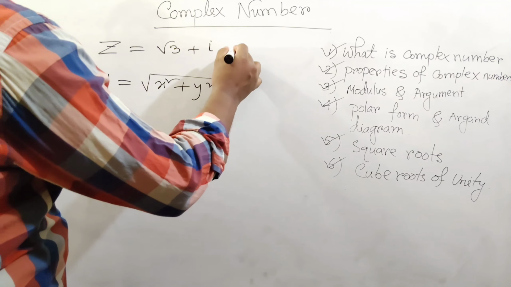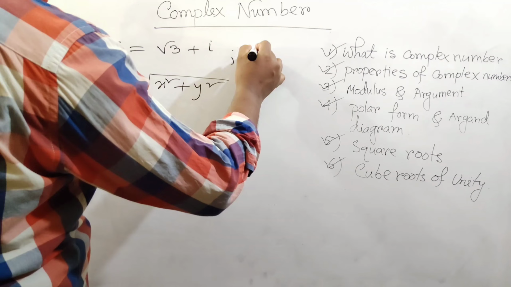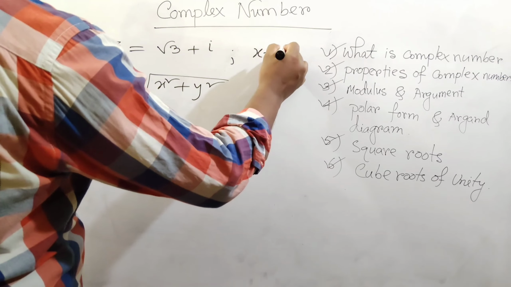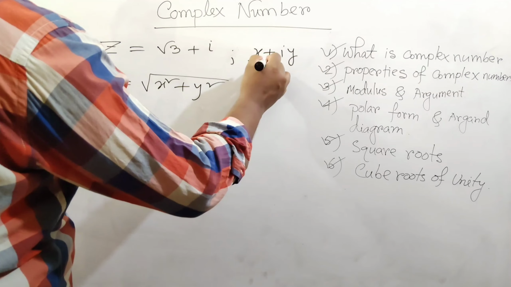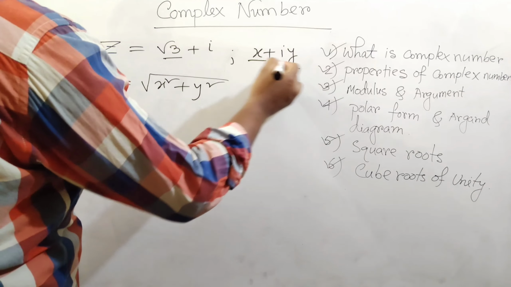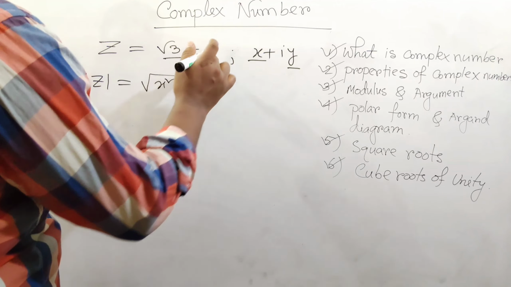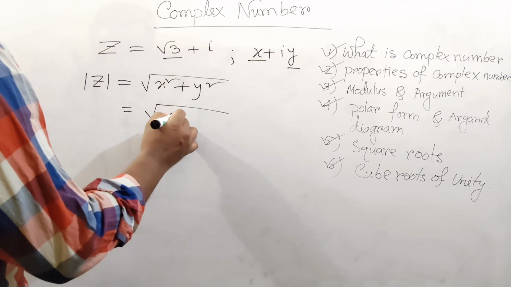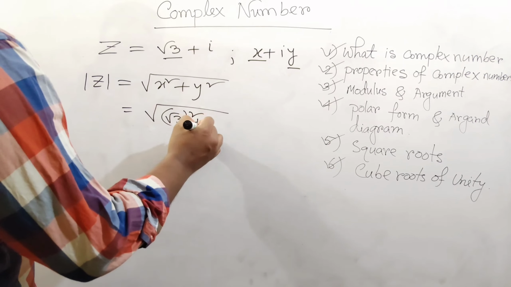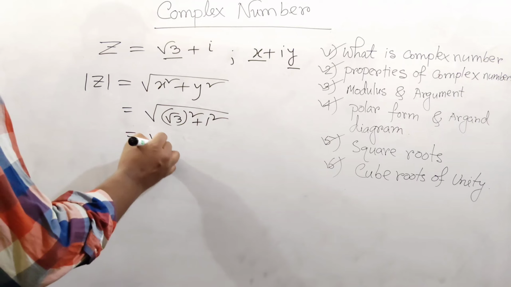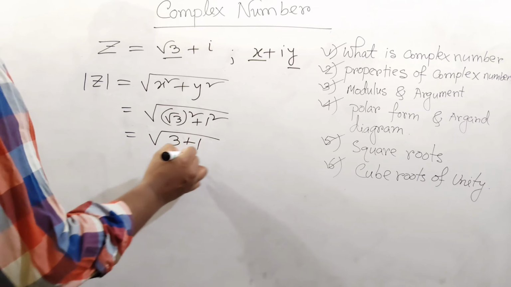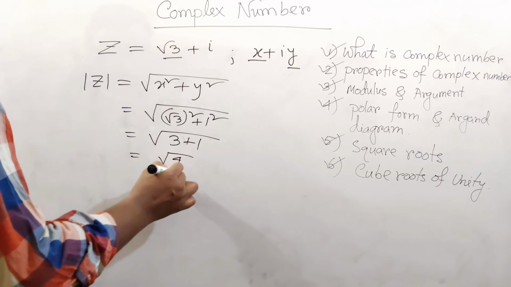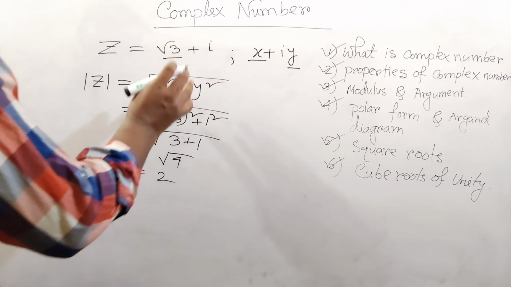So if you compare this complex number with the general complex number, x means root 3 and y, that is the coefficient of i, that is 1. So if we write this, then it will be square root of root 3 square plus 1 square, that is 3 plus 1 equal root 4, that means 2. Here 2 is the modulus.